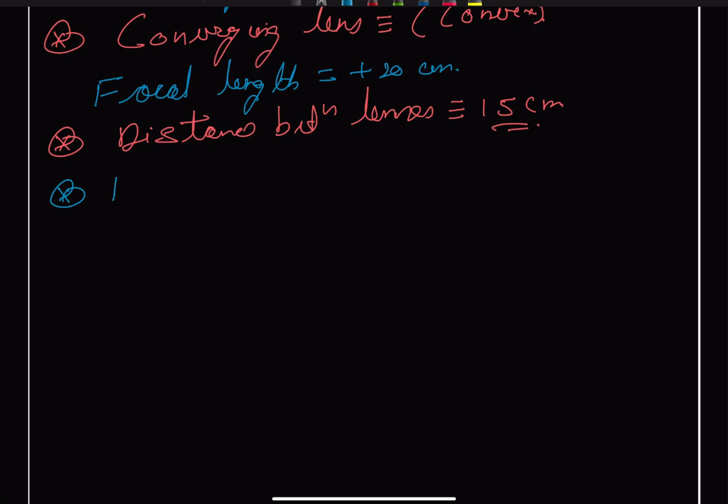So we are given that the beam of light is parallel, incident on the diverging lens.